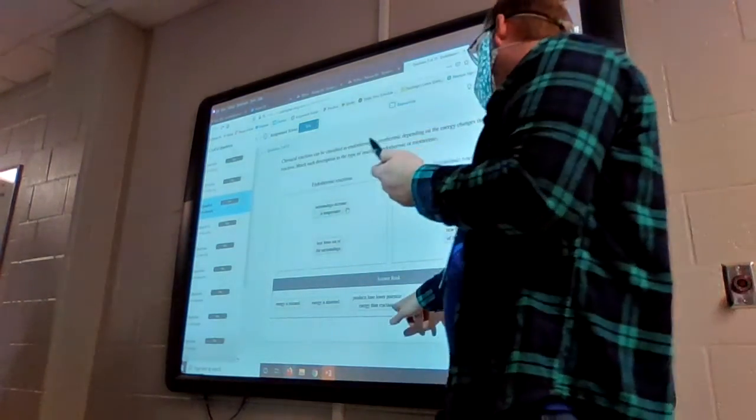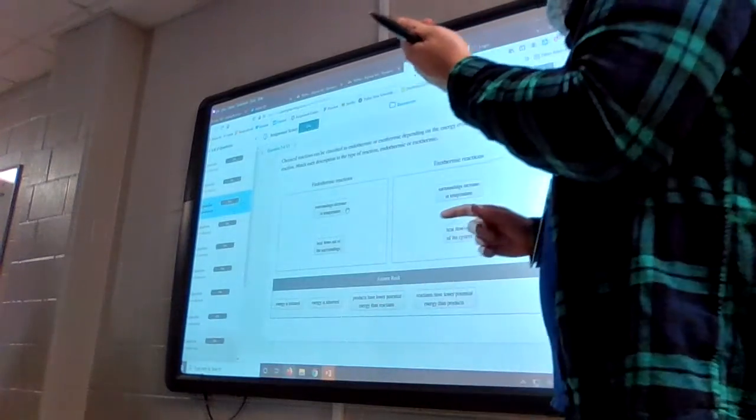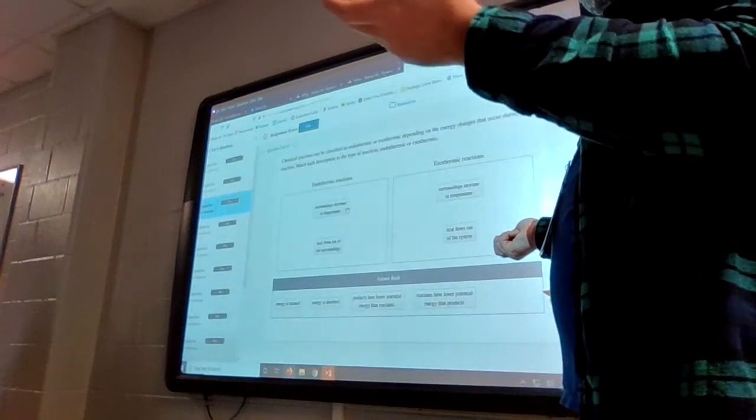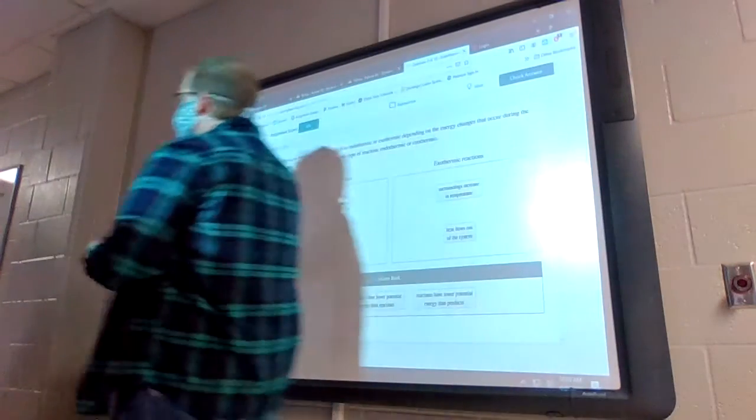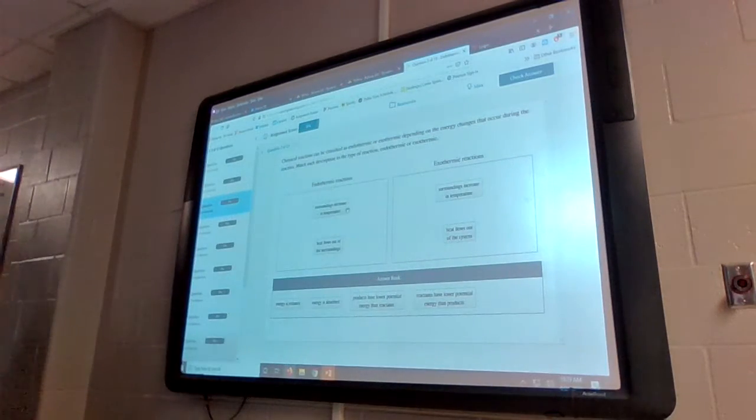And then the last 2: products have lower potential energy than reactants, or reactants have lower potential energy than products. That's these charts here. Your potential energy is the flat line at the beginning or the end. So for endothermic, my products have more potential energy because that line is higher. For exo, my reactants have more potential energy.